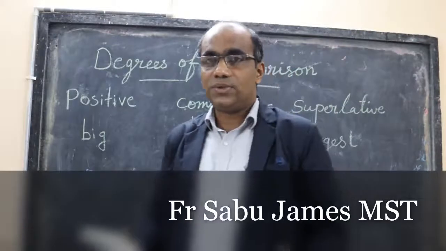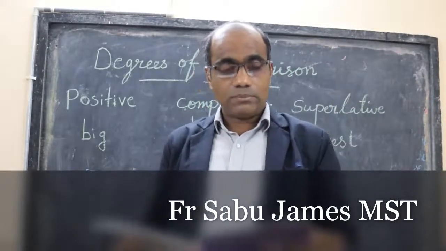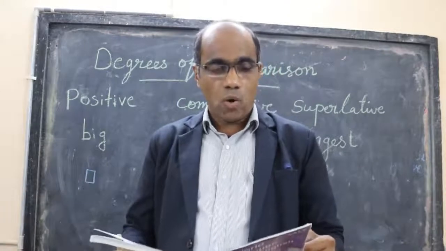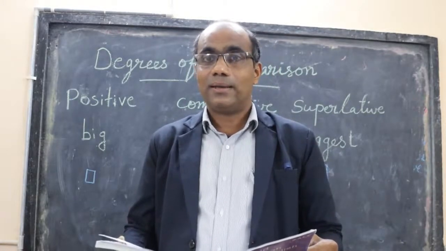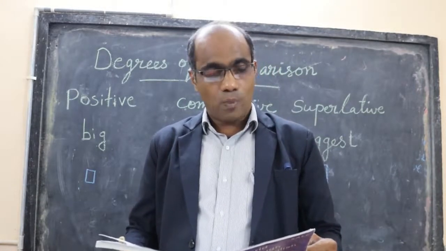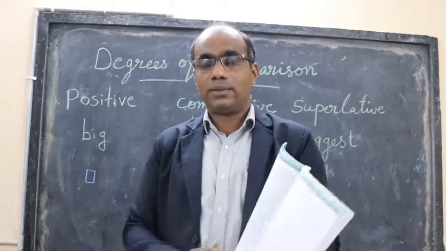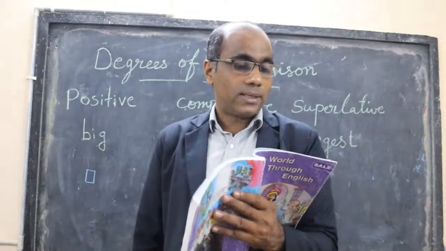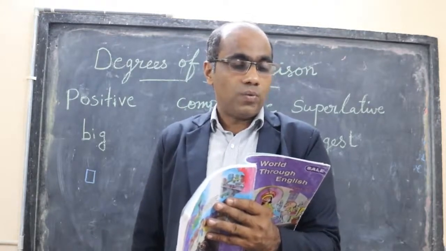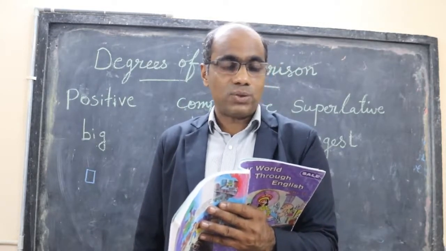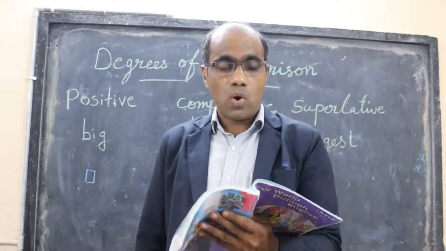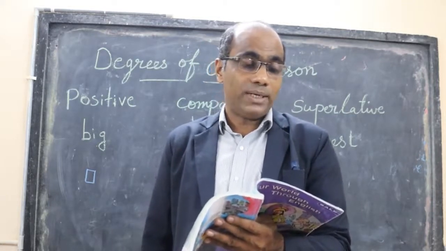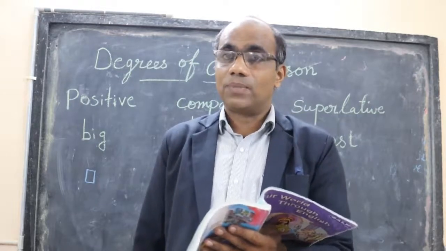Now the next page, page number 10, has some exercises. That is your homework. You may please do that at your home. Please look at here. Words with two or more syllables take more and most respectively for the comparative degree and superlative degree.